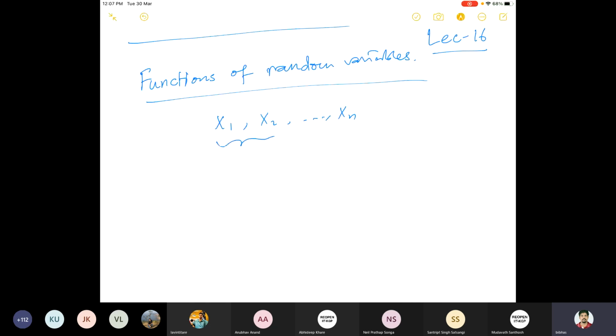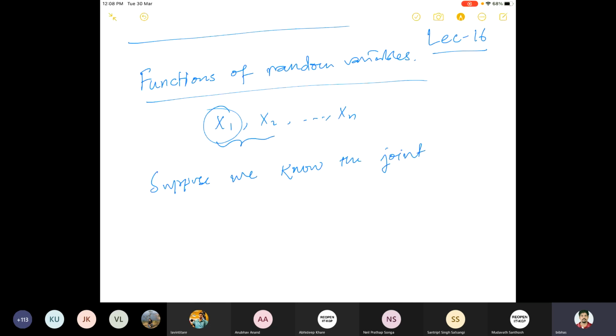Here mainly we'll be focusing on one random variable or two random variables, but it can be in general any finite number of random variables. And suppose what is given is that we know the joint probability density function or distribution function.